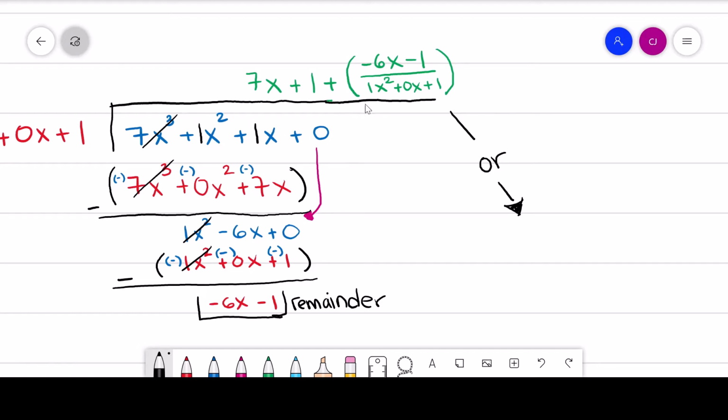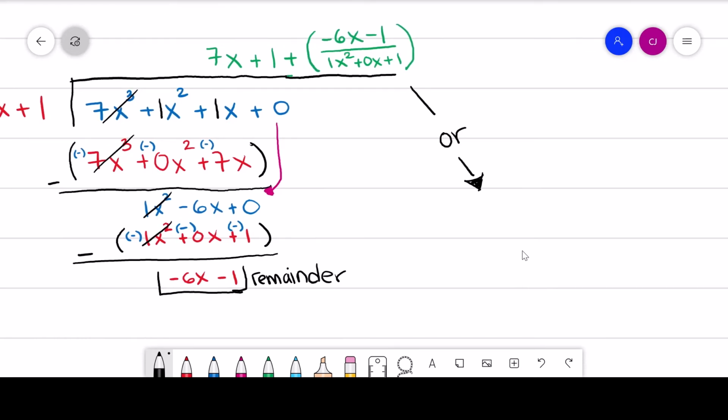You can also remove the missing term, the placeholder, because if you remember, that was just so that we could go through the process of dividing. So you can leave it this way, or if you want to simplify it further, you can write it like this. Let me show you what I mean.